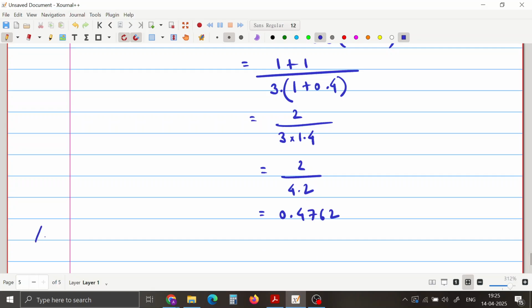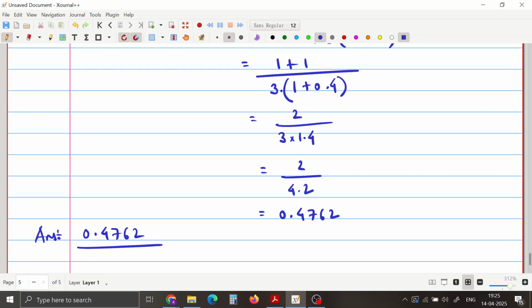So the correct answer is, the final value of x of n, that is x of infinity, is 0.4762.